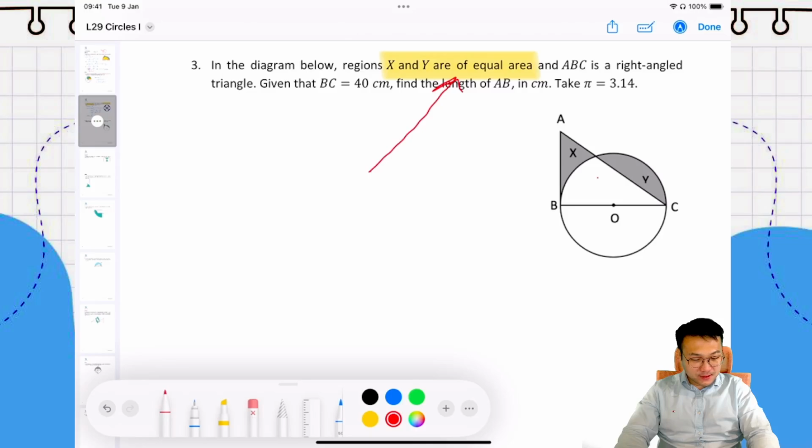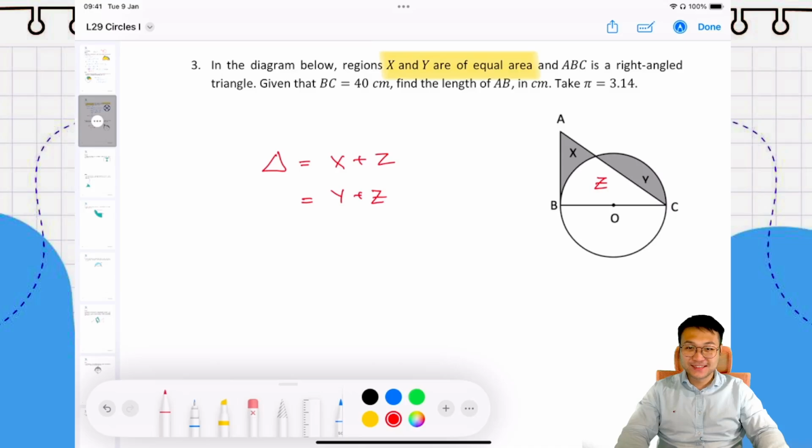Let me call this part Z. Okay? Can you tell me how to find the area of the triangle? Region X plus region Z. Yes. This will give you the triangle, am I right? But they already told you that X equals Y, yes? So can I say that the triangle is actually Y plus Z?